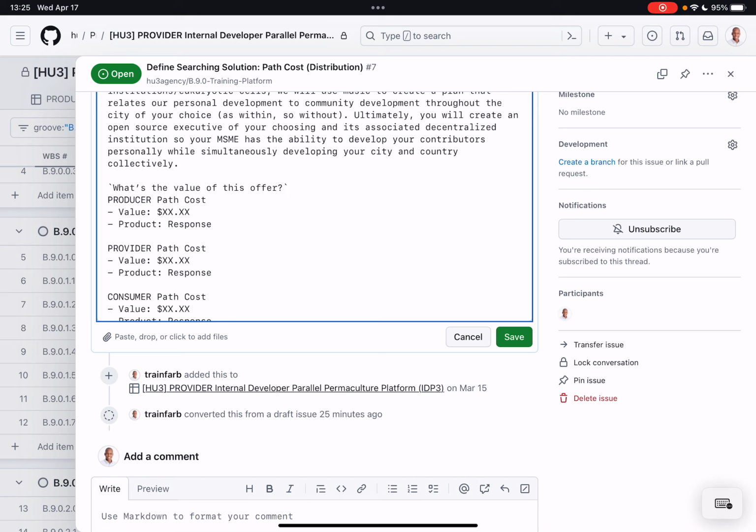Okay, so let's write out what the path cost is for each of these.